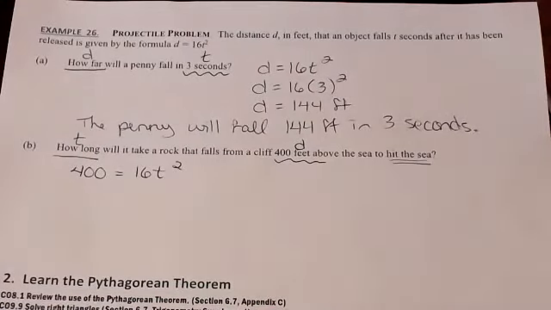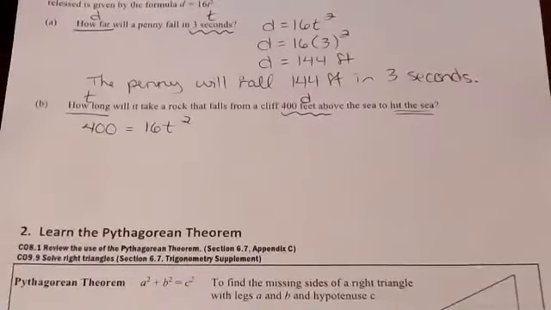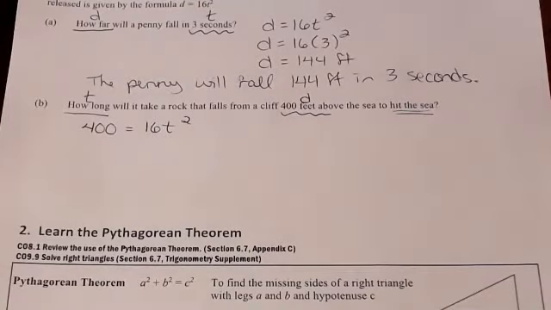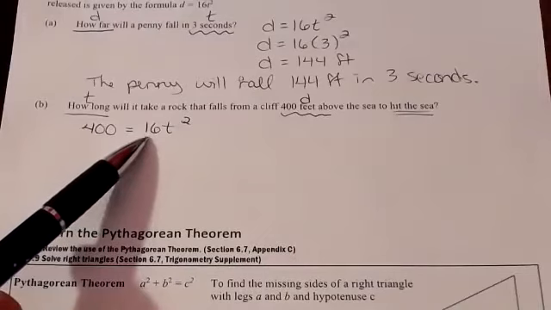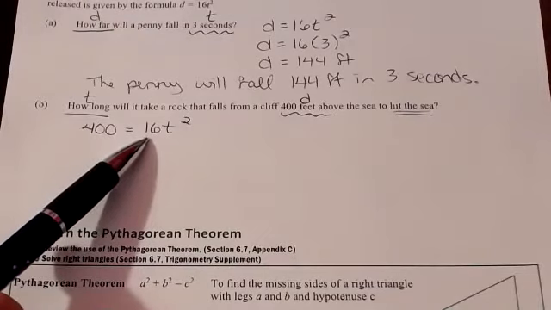Because we have our t squared here, what should my first step be, Phil? What might you do initially here? We have 400 is equal to 16t squared. There's a couple things you could do. Maybe you want to get 16 by itself. Well, what do you mean by that? What would you do with this 16?